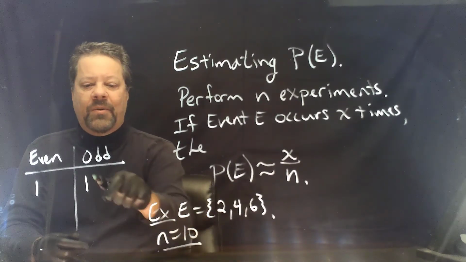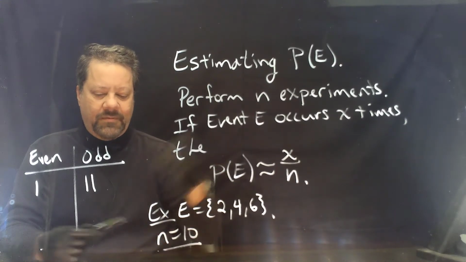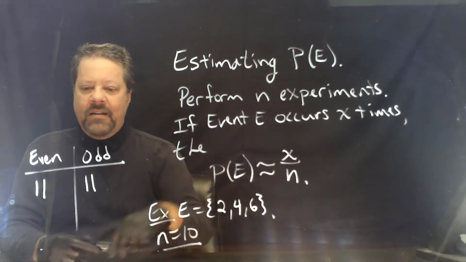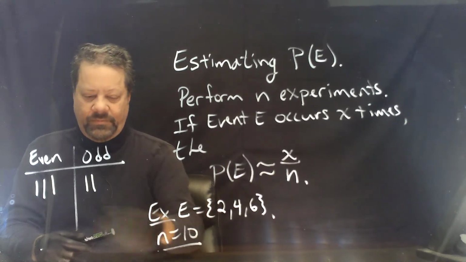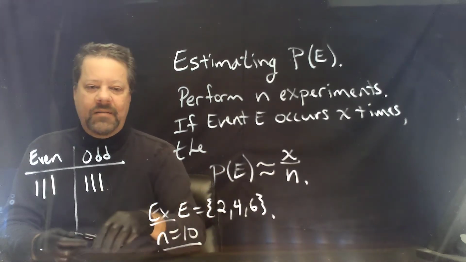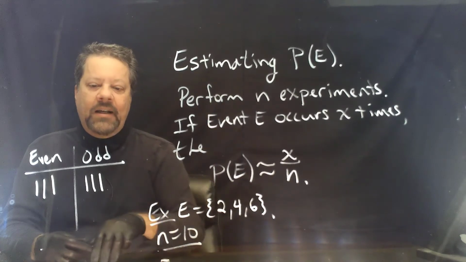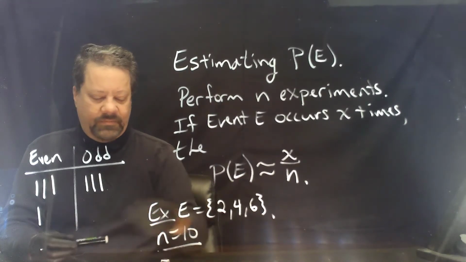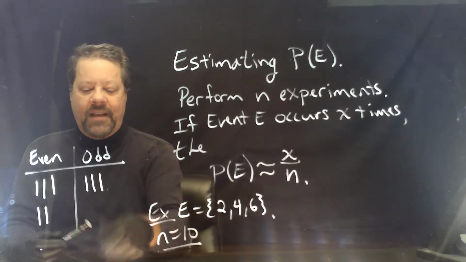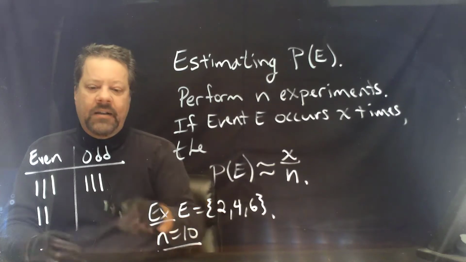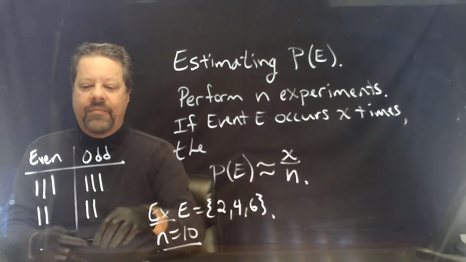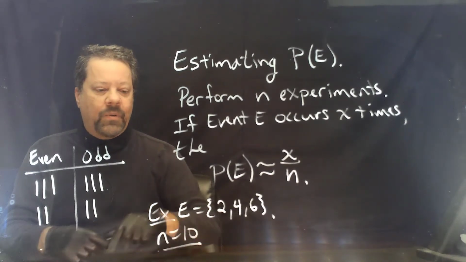The third roll was also a 1. The fourth roll was a 6. The fifth roll was a 2. The sixth roll was a 1. And then the seventh roll was a 2. And then another 2 on the 8th roll. A 3 on the 9th roll. And a 5 on the 10th roll.